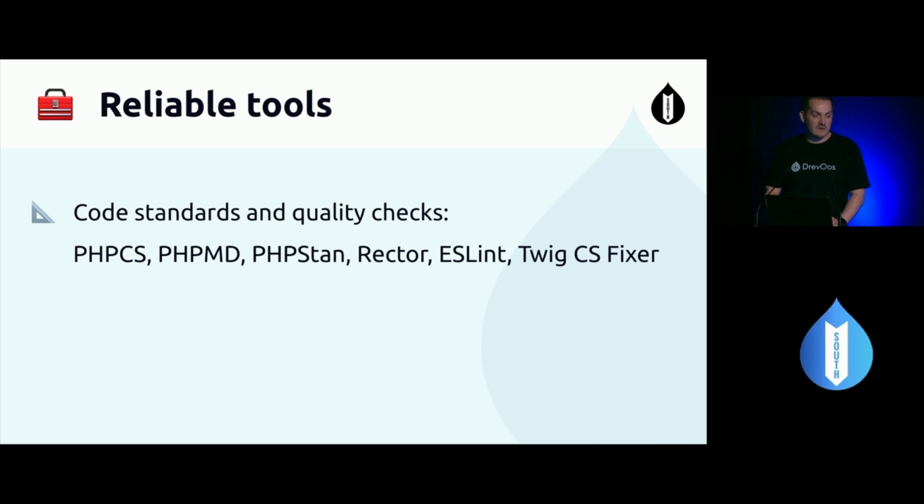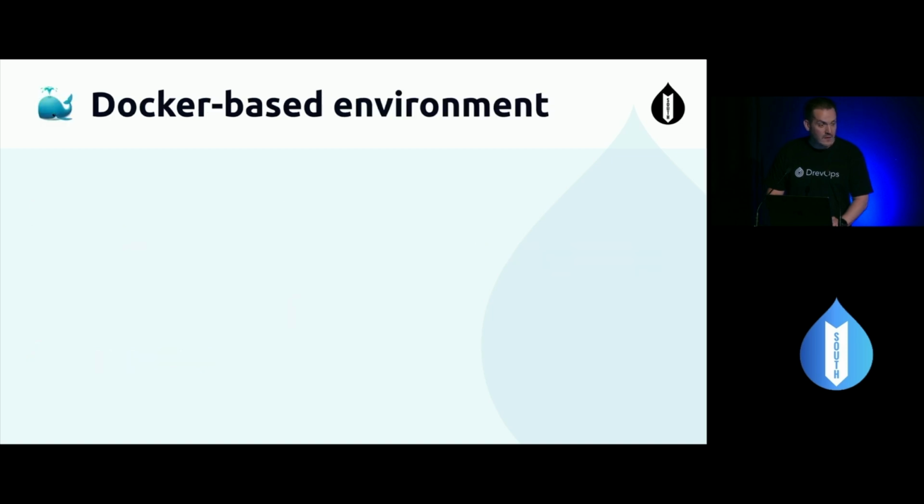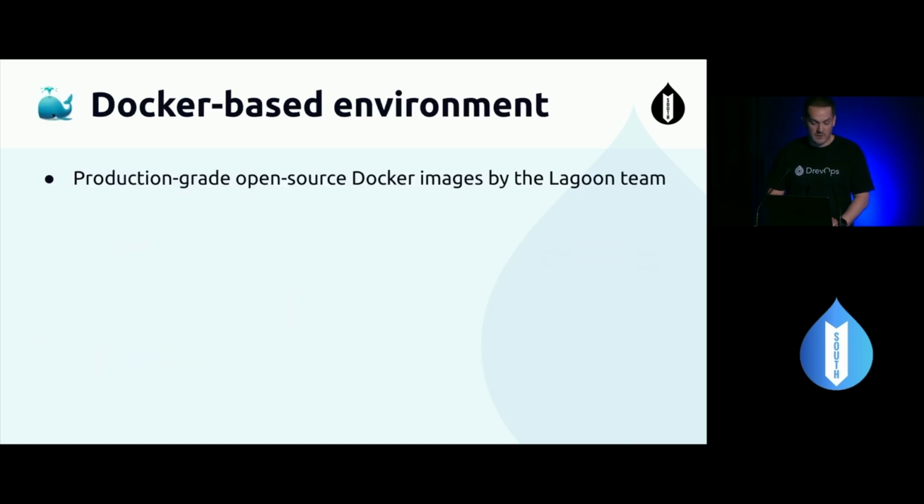I mentioned the tools, so there's all these code quality tools and things for testing and Docker stack. Sorry, I'm just going to speed up a little bit. The Docker-based environment is actually a pure Docker Compose base. It's not DDEV or Lando, although DDEV and Lando are coming. So there will be a choice. You can choose which one you want to use.